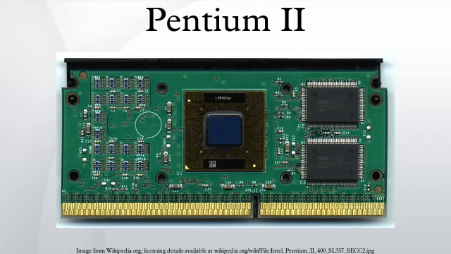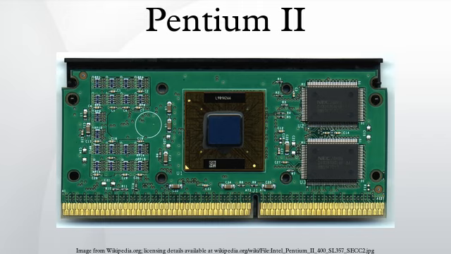Packaging, Slot 1 module, MMX, front-side bus, 66, 100 MHz, GTL+, VCORE, 2.0 V, process, 0.25 micrometer CMOS, first release, January 26, 1998, clock rate, 266 to 450 MHz, 66 MHz FSB: 266, 300, 333 MHz, 100 MHz FSB: 350, 400, 450 MHz.